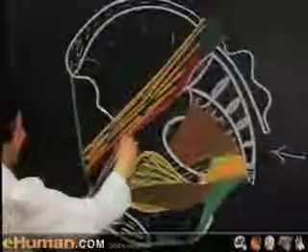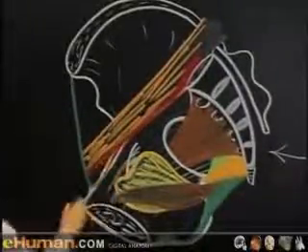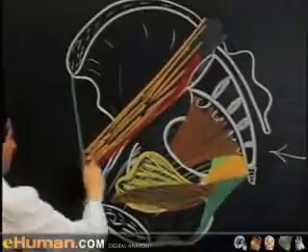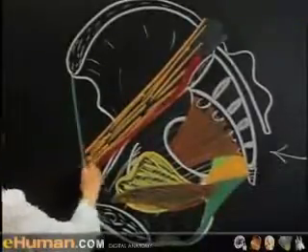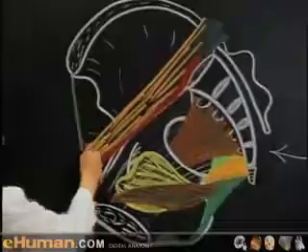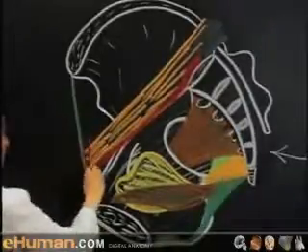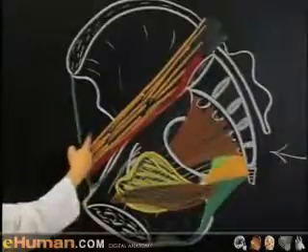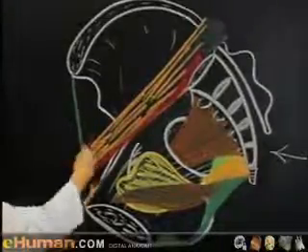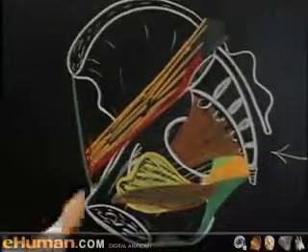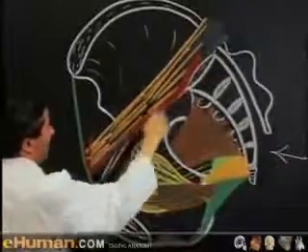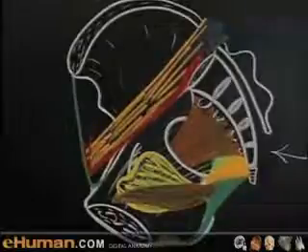The only two important branches that one need remember are the external iliac artery giving off here the epigastric artery and the deep circumflex iliac artery, two branches which I'll just indicate in that way. The deep circumflex iliac artery and the inferior epigastric artery. So there is the external iliac artery running along the medial margin of the psoas.